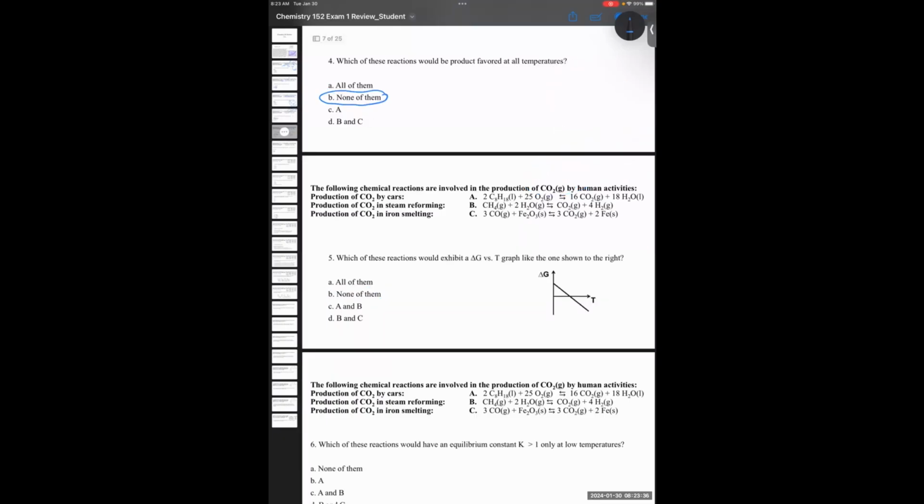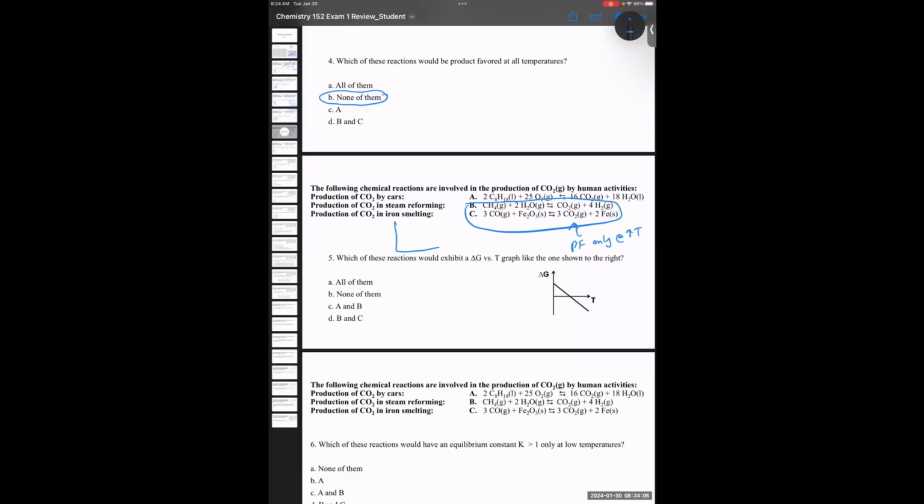Okay, moving on. Which of these reactions would exhibit a delta G versus temperature graph like the one shown to the right? We decided on reactions B and C. There are different ways of approaching this, but we already decided that these two reactions are product favored only at high temperatures.